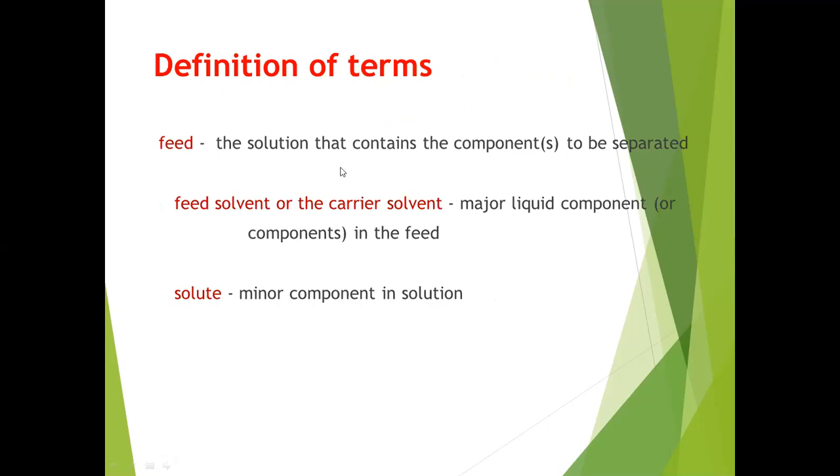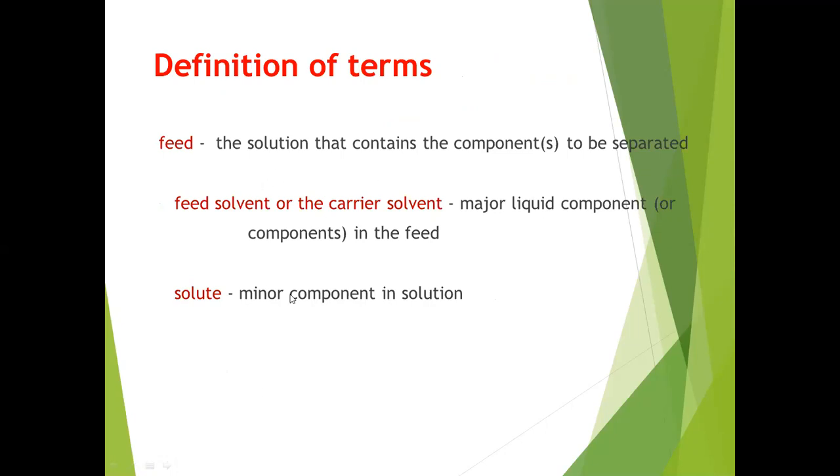Now, when we speak of the feed in extraction, it is composed of what we call the feed solvent or the carrier solvent and the solute. How do you know that this particular component is the solute and all the rest of the components are your feed solvent? It's because your solute is the minor component in the solution.